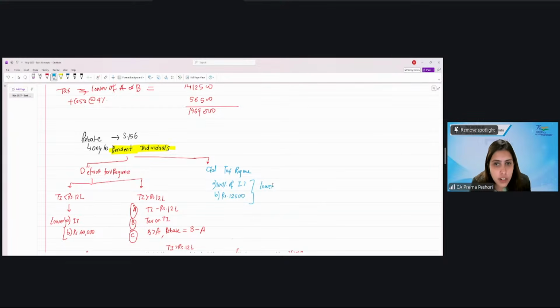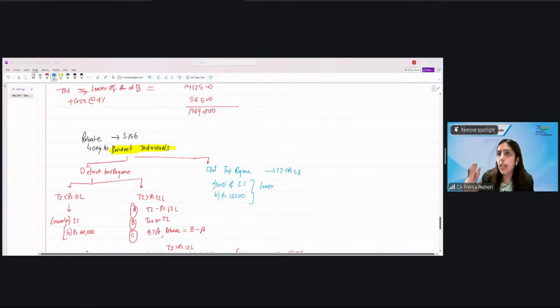But the condition here is that my total income should be less than rupees 5 lakh. If my total income is more than 5 lakh, then I will not be able to get the rebate. Are we clear?